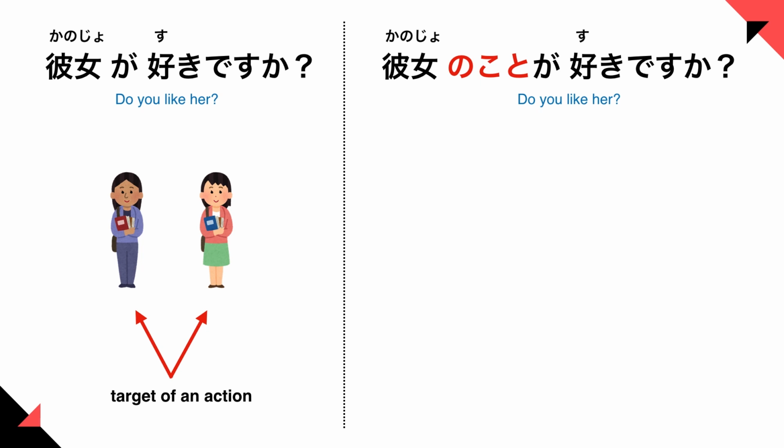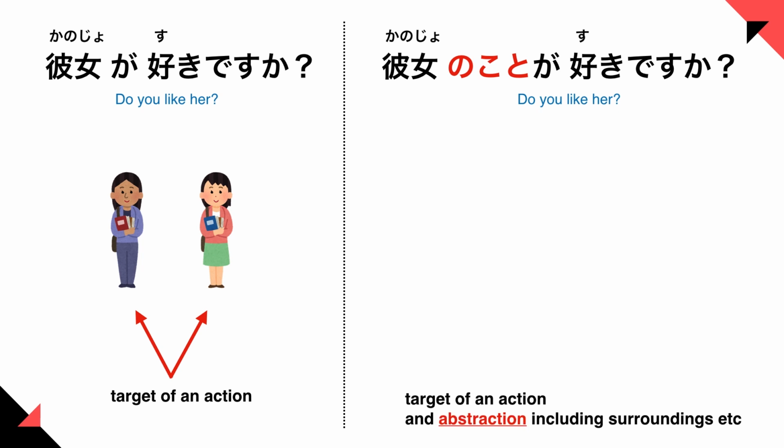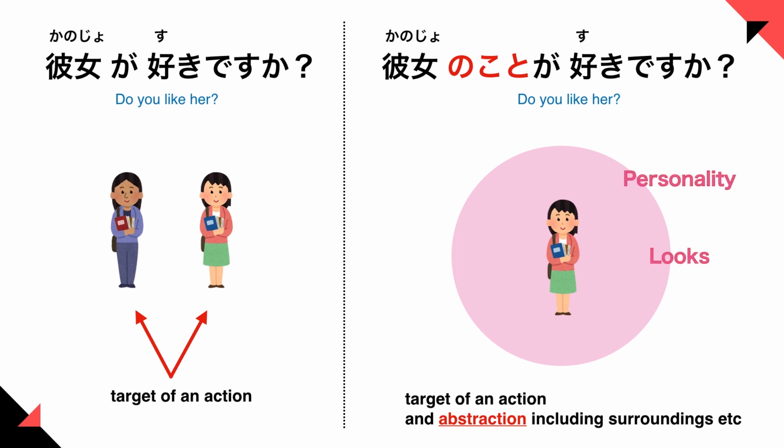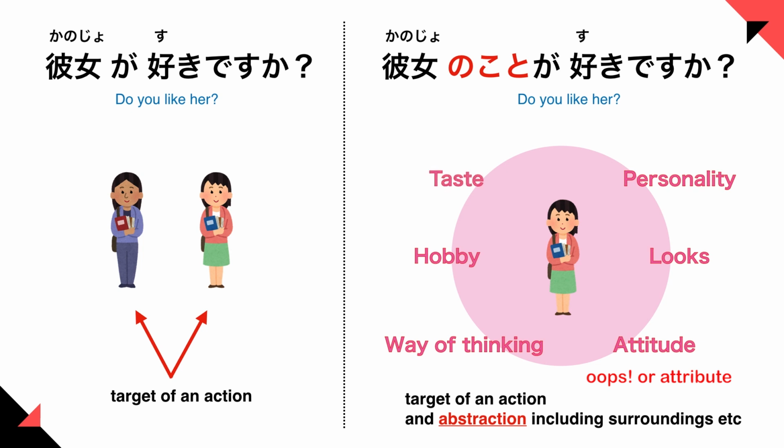But the difference is that the abstraction のこと brings in the abstraction including surroundings and etc. In this case, you use のこと, so it's asking if you like her, including her surroundings like personality, looks, attribute, way of thinking, hobby, taste.